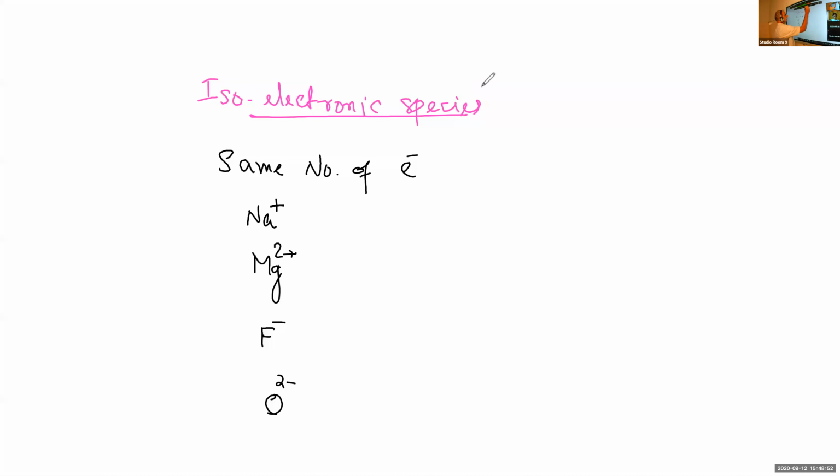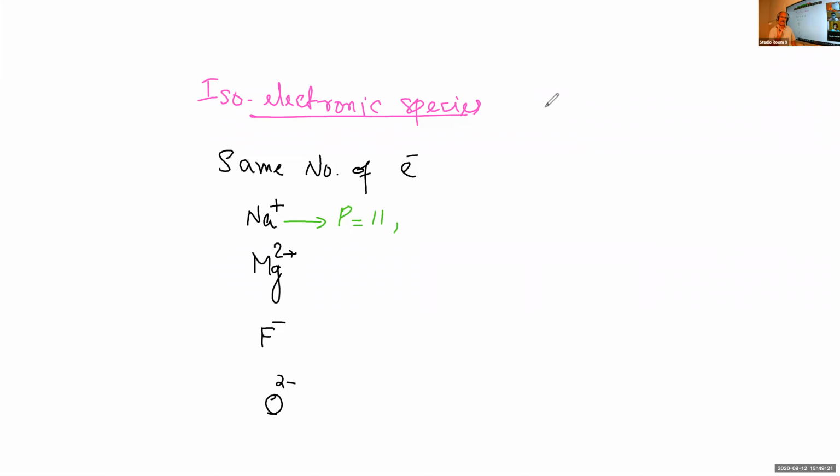Go to Na+ ion. In Na+ ion, what will be the number of protons? The atomic number of sodium is 11. So there will be 11 protons.